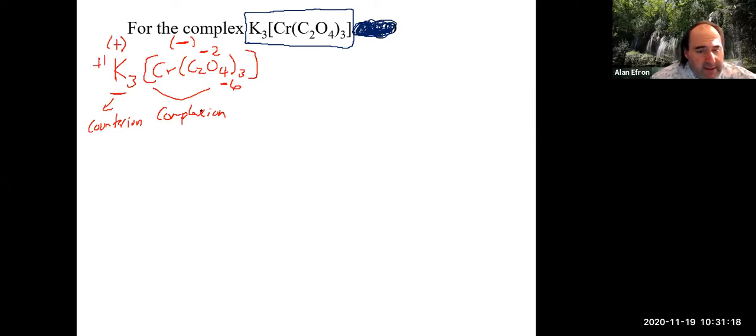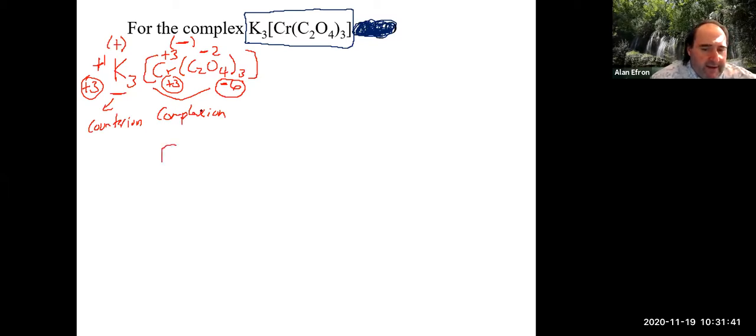Potassium is +1, and there are 3 of them, which means there's a +3 here. Remember that we want it to equal 0, so in this case the chromium would be +3 to balance it out. +3 and -6 is -3. And +3 is what we got on our counter ion.